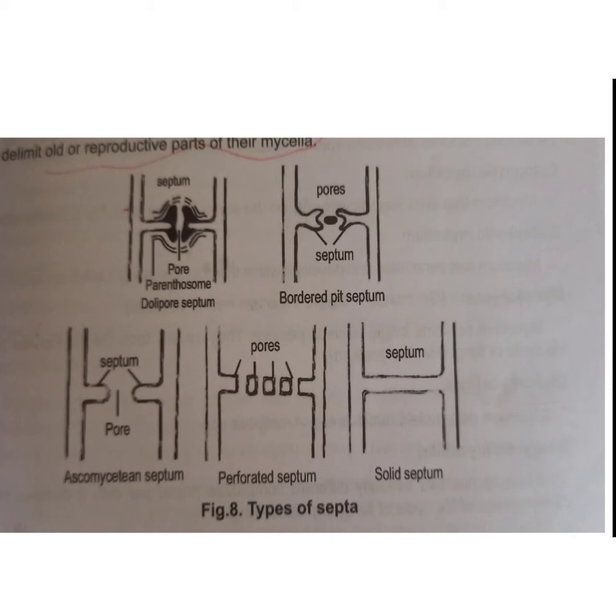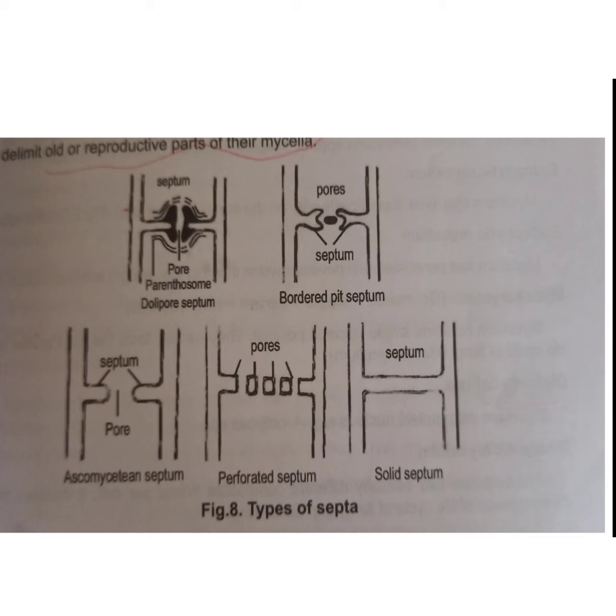First, dolipore septum contains a hemispherical cap, bordered pit septum contains some overarching bifurcations, and ascomycetian septum contains a large central pore. Perforated septum contains some small bodies in between, and in solid septum a complete cross wall is present.